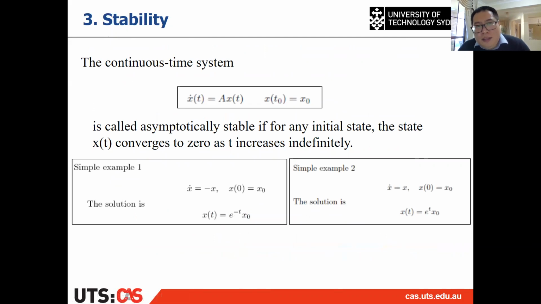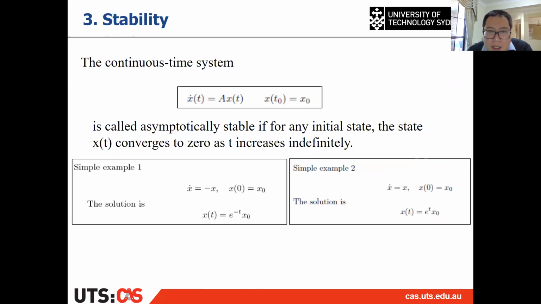And another topic is the stability. We introduced the stability already for the continuous time system. This stability is for the continuous time, so I copied that here to make you recall.